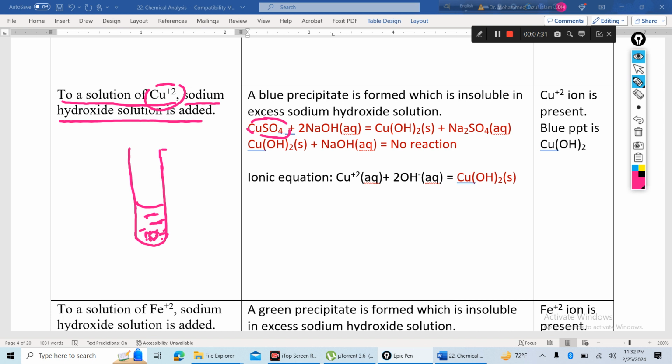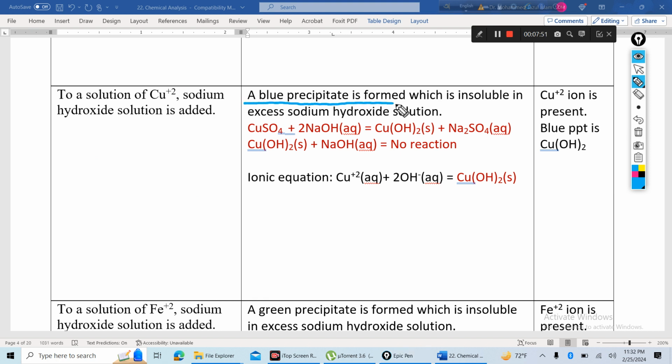Then adding distilled water, you will prepare a solution. After that you add sodium hydroxide. Then what you will observe: a blue precipitate is formed which is insoluble in excess sodium hydroxide solution.